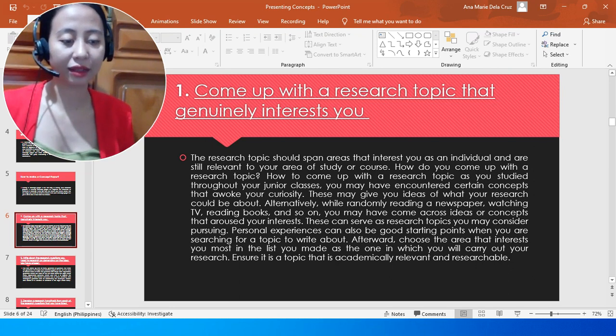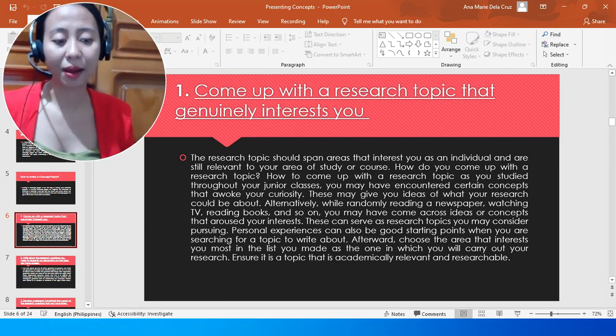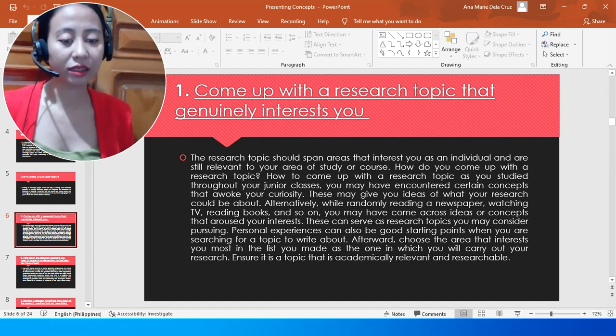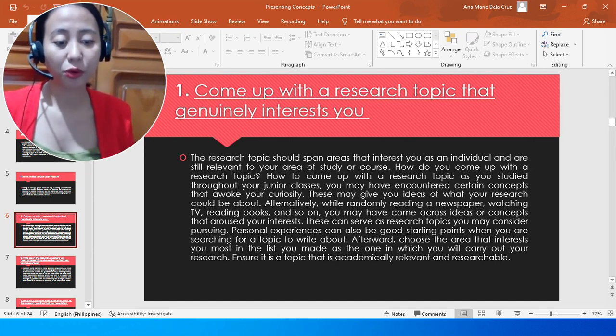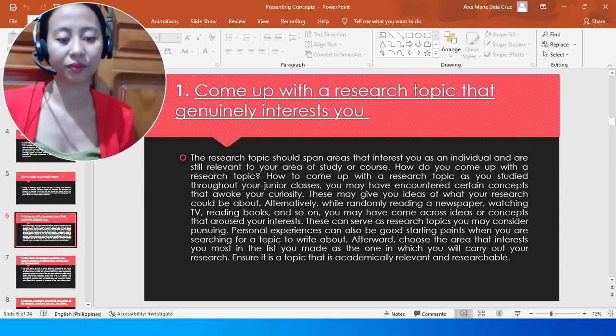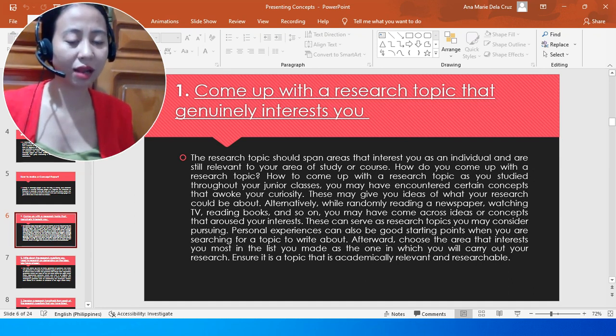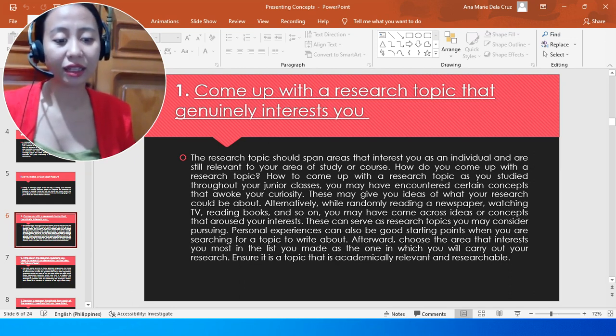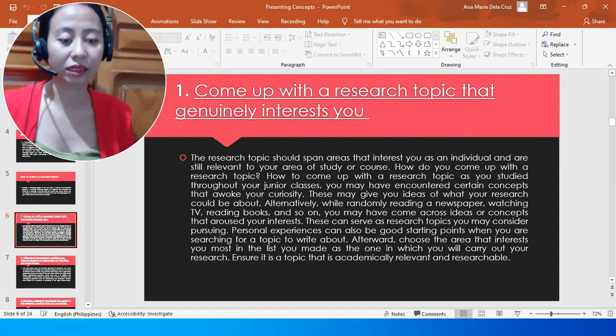Take note of that. How do you come up with a research topic? As you studied throughout your junior classes, you may have encountered certain concepts that awoke your curiosity. What is that? What is that word? Those are some of the questions that come into your mind when you study and do not know some of the details of it.